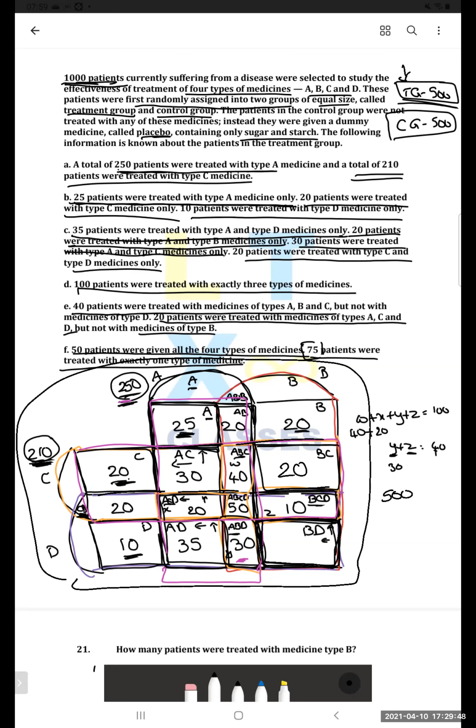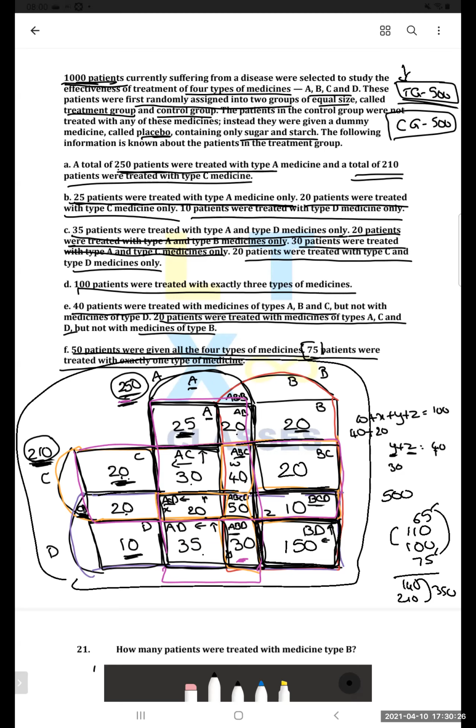Okay, let us make a quick addition. 25 plus 20 plus 20, 65. 20 plus 30 plus 40 is 90. 90 plus 20 is 110. 20 plus 20 plus 50 plus 10, 100. 10 plus 65, 75. So 75 plus 65 is 140. 100 plus 110 is 210. So the total is 350. 500 minus 350 is 150.